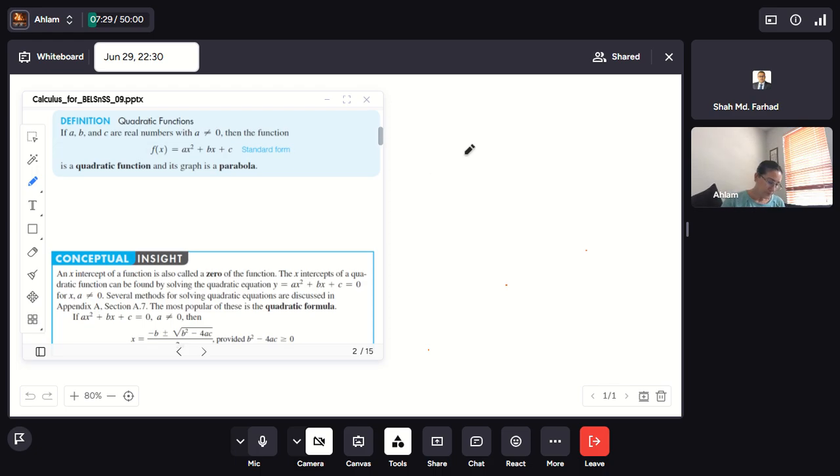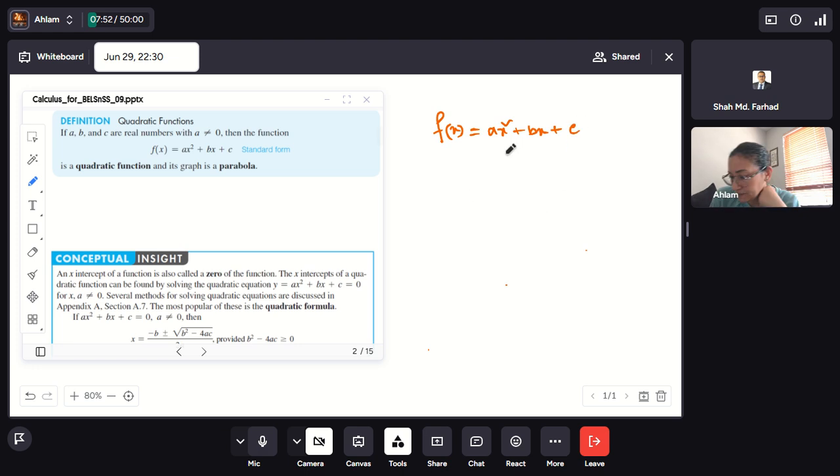In our last session, I discussed quadratic functions. There, I discussed the general form of a quadratic function: f of x equals ax squared plus bx plus c, right?